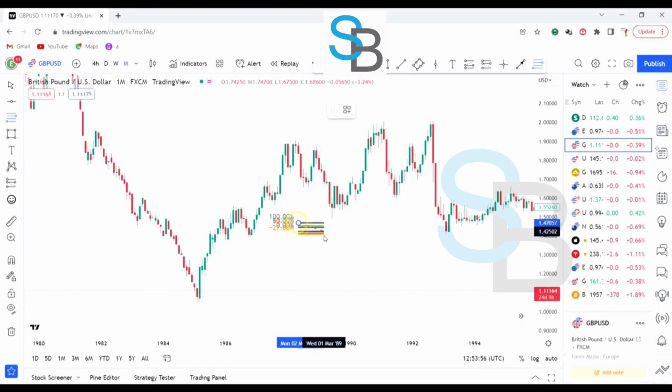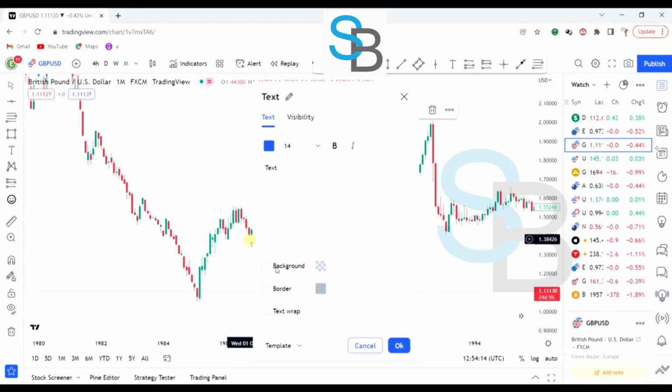That's what we're going to do here right now. Let's select the Fibonacci tool, and let's assume this is point A and this is point B. Let's use our text tool.